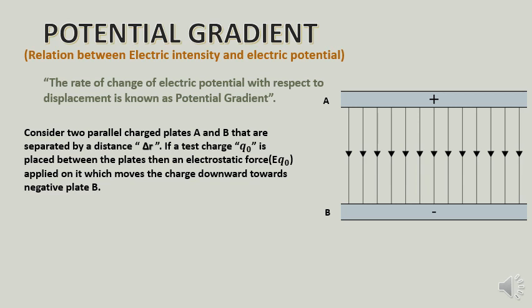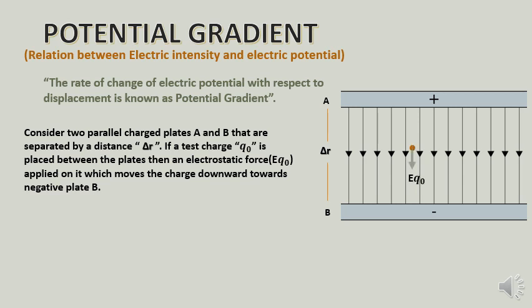We know that the behavior of electric field is always from high potential to lower potential, or we can say from positive plate to negative plate. Here we insert, and the distance between these plates is delta r.